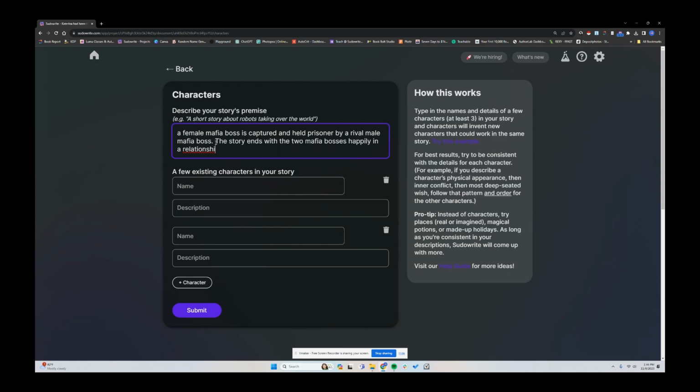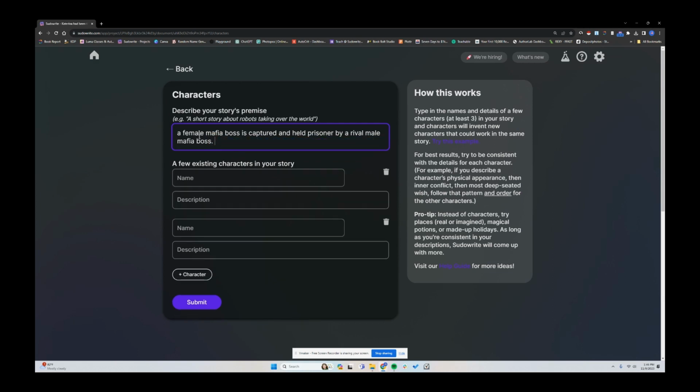You know what? I actually don't want to put that, so I'm just generating some characters right now. So a female mafia boss is captured and held prisoner by a rival male mafia boss. And yes, you could definitely put that ending in there. But I'm the type of person, I love to get ideas from the AI. So I want to see if it'll give me some other characters, maybe things I'm not thinking of.